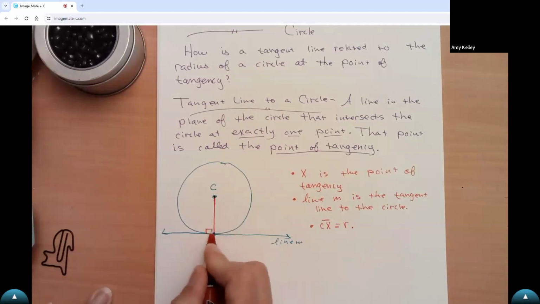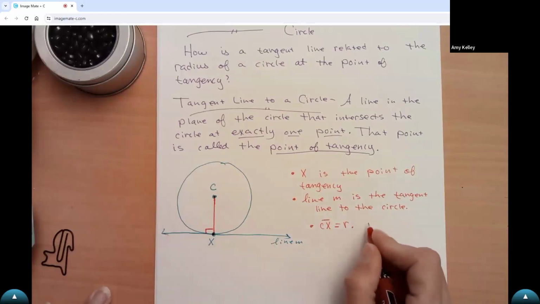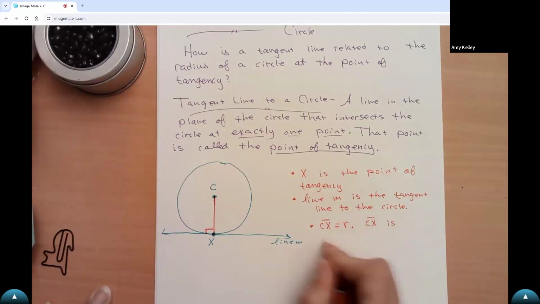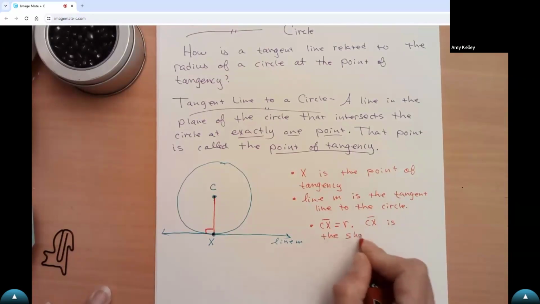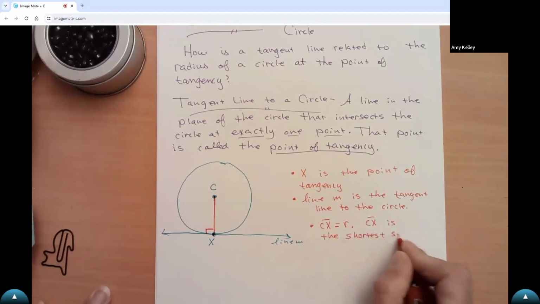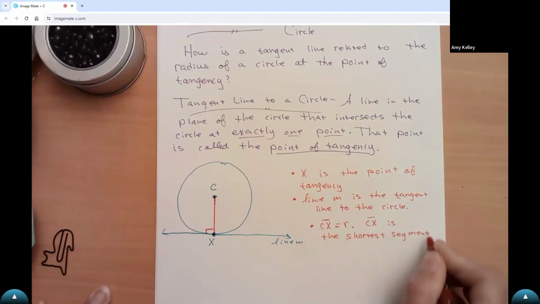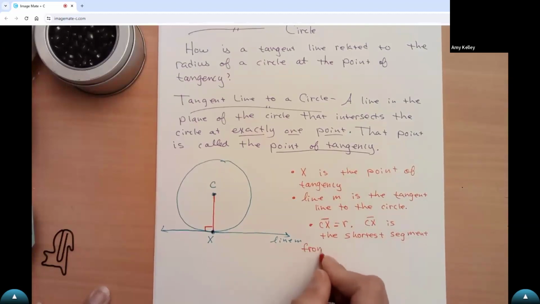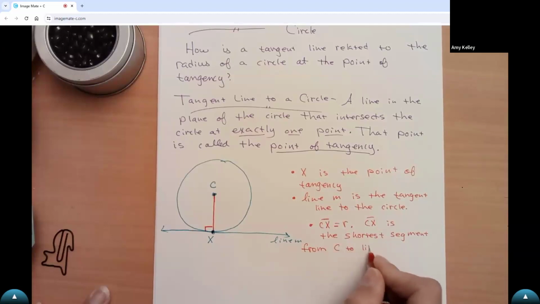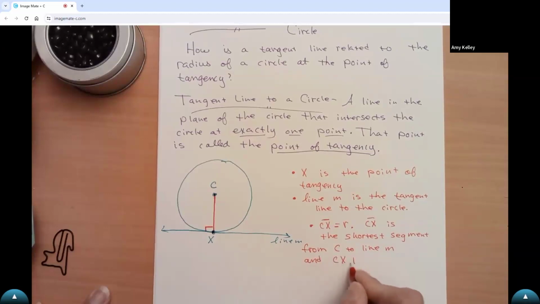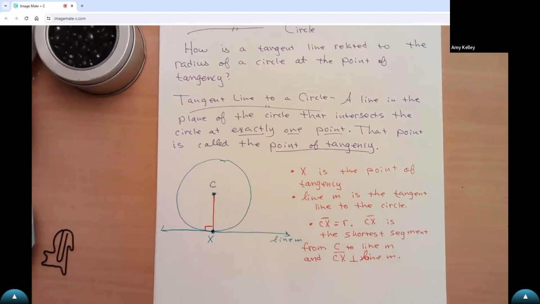And also CX is perpendicular to line M. Okay, so CX is the shortest segment. Right, CX is perpendicular to line M. All right, any questions so far?